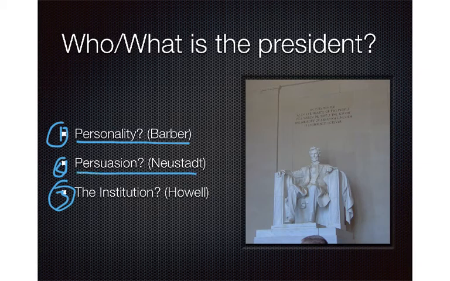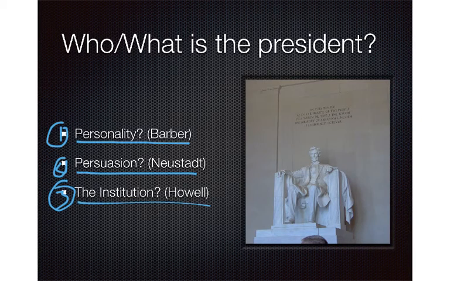Richard Neustadt will argue that presidential power has to do with the ability to persuade, and persuade not just Congress and other people, but his own branch to get done the things he wants to do, so that presidential power is fundamentally about the ability to persuade others to do and to see things the way you want them to.